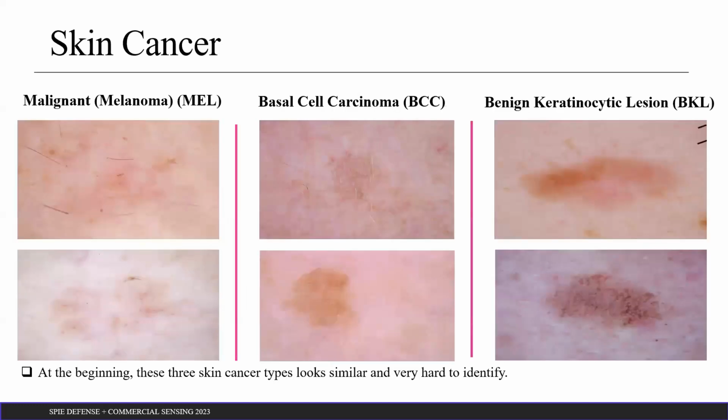See, in all three classes, the images are very similar. Even if we try to identify them with the naked eye, we can't identify, because if you look at this image and this image, all three look similar.